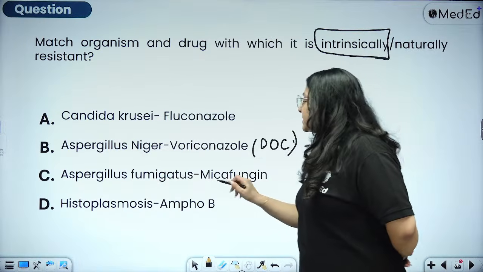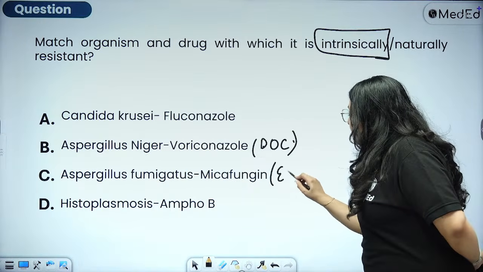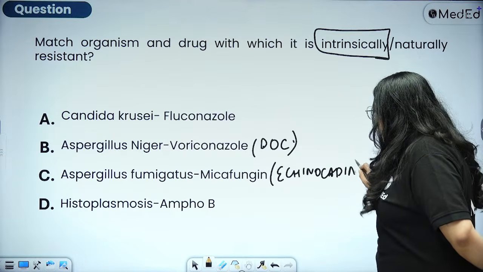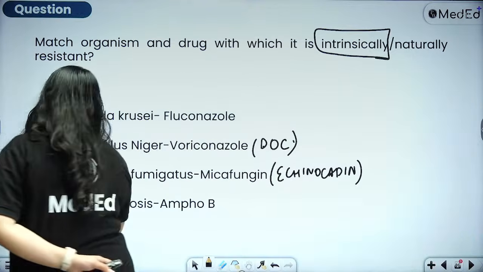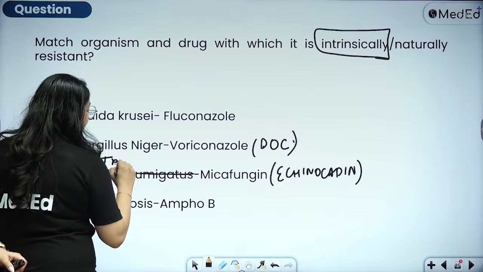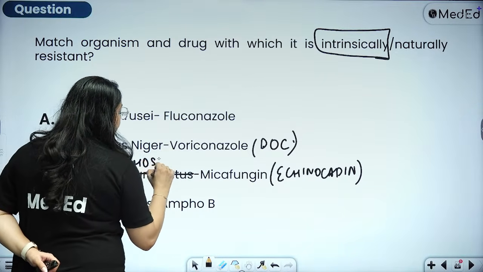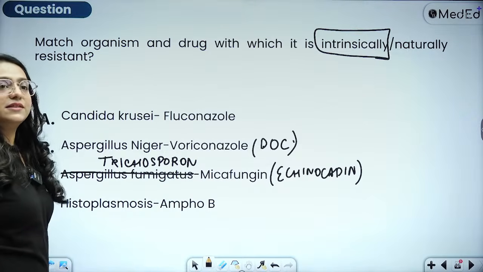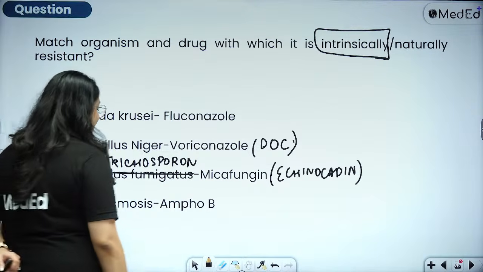Aspergillus fumigatus and micafungin. Micafungin is actually an echinocandin. And who are completely resistant to echinocandins? It is Trichosporon. So if they had written Trichosporon here, then it would have been a good option. Histoplasmosis amphotericin B?